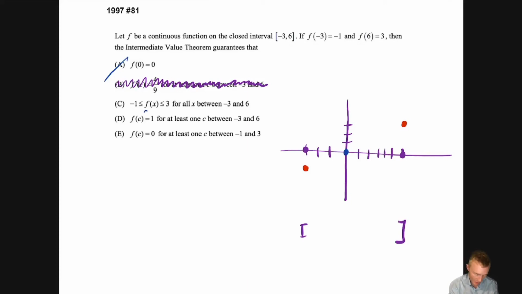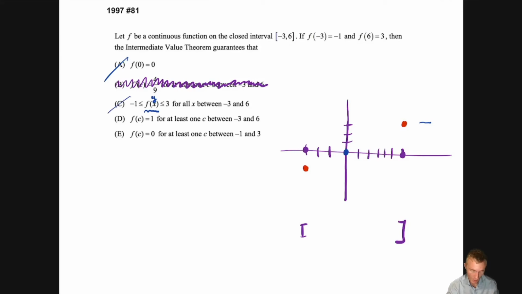This is the y coordinate. It's saying, does our y coordinate have to be between -1 and 3 like that? No, you could go up and all the way down and do all these kinds of things. That's totally fine. There's no reason that we would have to be between those two red dots always in our range. So it's not B.